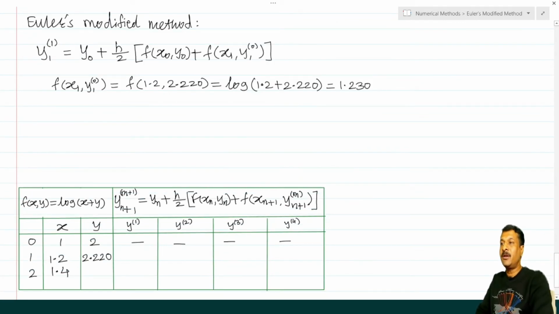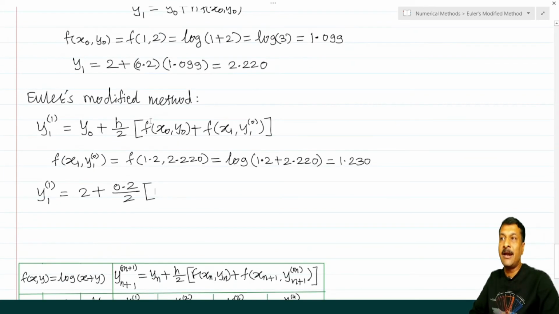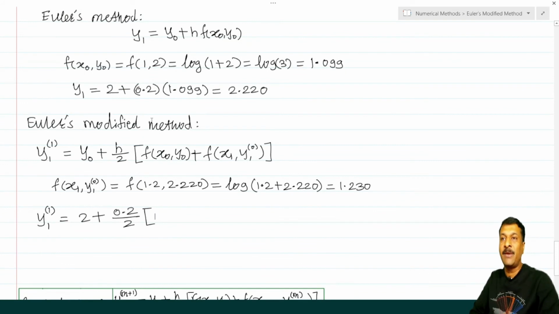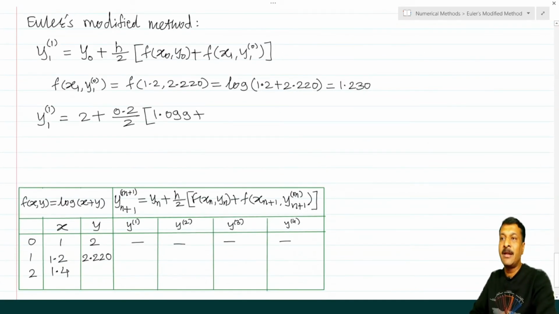Therefore the y1 with improved value, that is the first position, y0. By this table I can take y0 value, that is nothing but 2 plus h 0.2 divided by 2 times f of x0 y0. We already have this f of x0 y0 value, it is 1.099 plus f of x1 y1 with recent y1, it is nothing but 1.230.